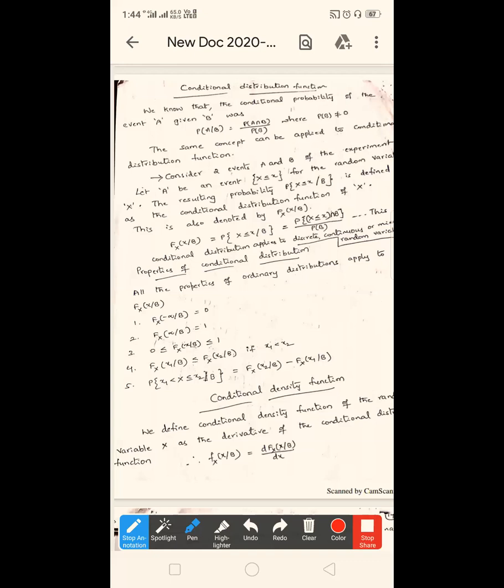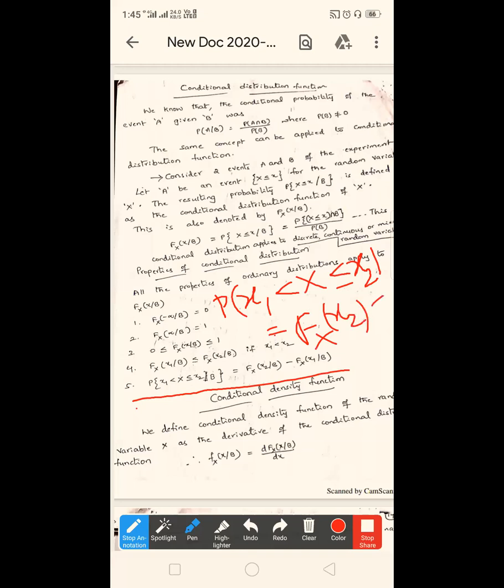Okay. So here see the fifth property. Probability of small x1 less than capital X less than or equal to x2 given b is equal to capital Fx of x2 given b minus capital Fx of x1 given b. Here, in case of cumulative distribution function, we know this property: probability of x1 less than capital X less than or equal to x2 is equal to capital Fx of x2 minus capital Fx of x1.